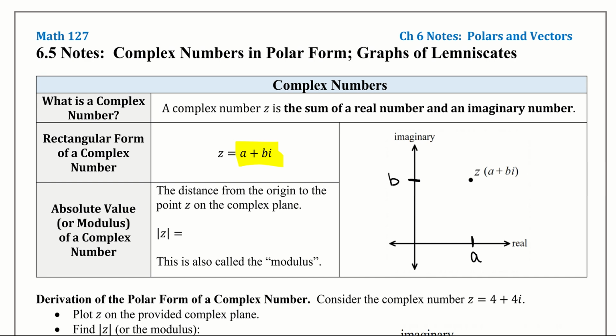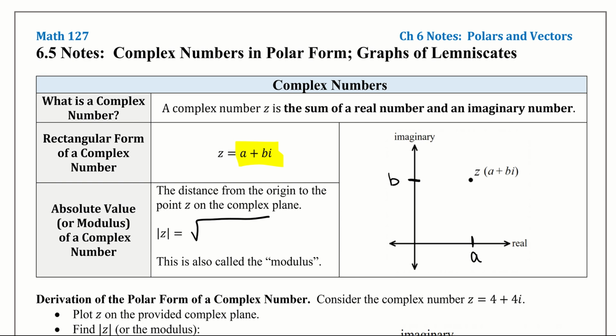And so one of the things we'll be dealing with is we want to make sure we know what the absolute value is of a complex number. This is also called the modulus. This is going to look super familiar. This is like the same idea as magnitude. It's the same idea as the radius. This would be basically the length from here to here.